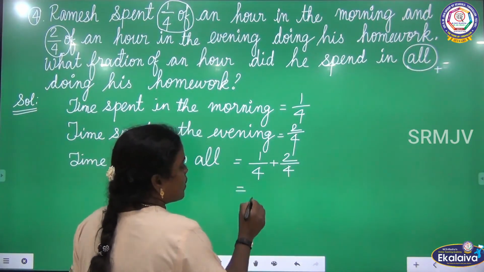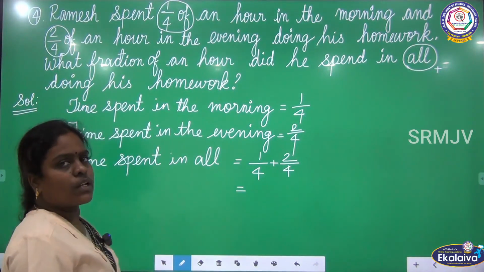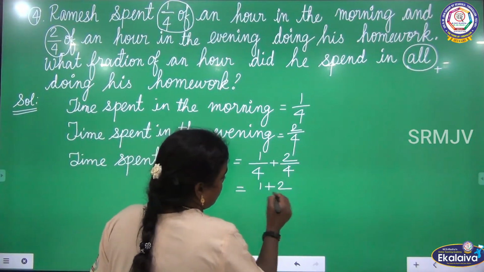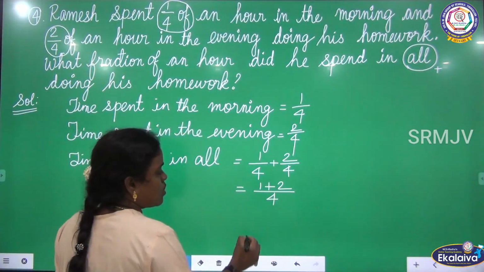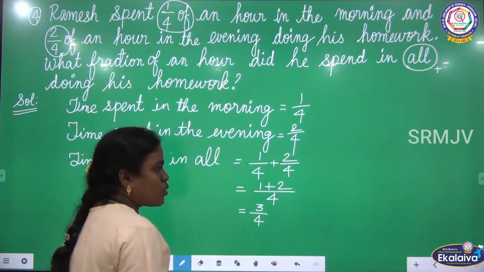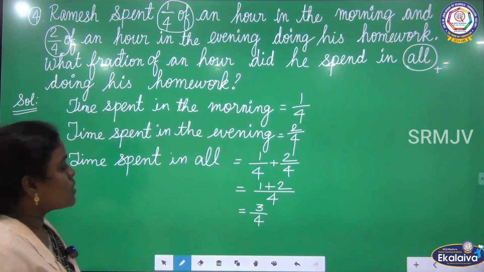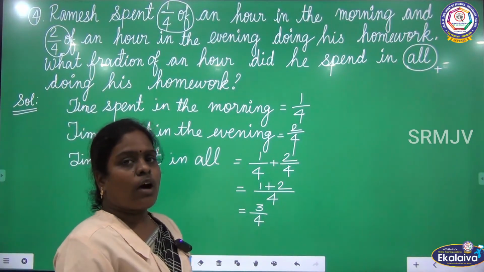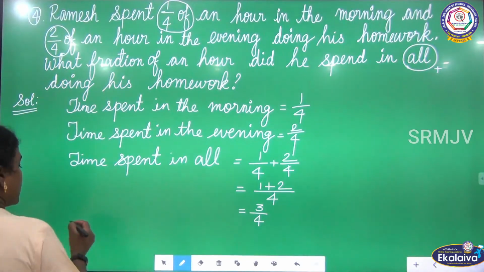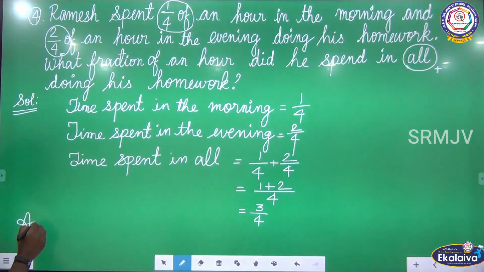So add the numerators alone, as the denominators are same. 1 plus 2/4, which is equal to 3/4. So Ramesh spent 3/4 of an hour during a day. Let us write the answer.